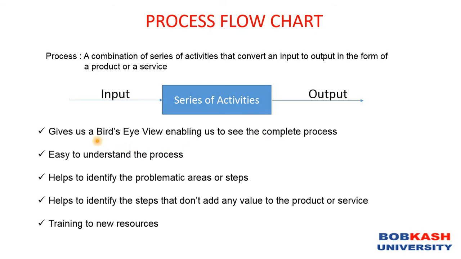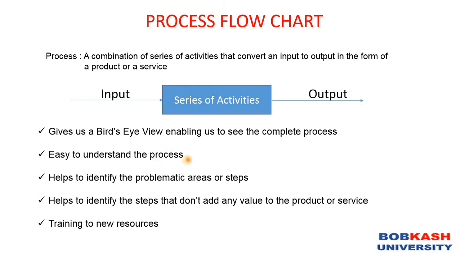So we take a step backward from the process and try to see the entire process from start to end. Next, by doing so, it is easy to understand the overall process. If you see sub-process by sub-process, it's difficult to understand. But if you see a bird's eye view, it's easy to understand the overall process.